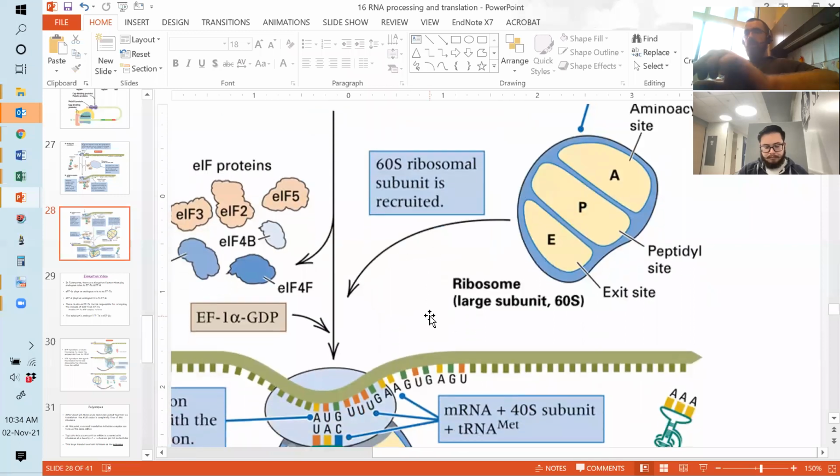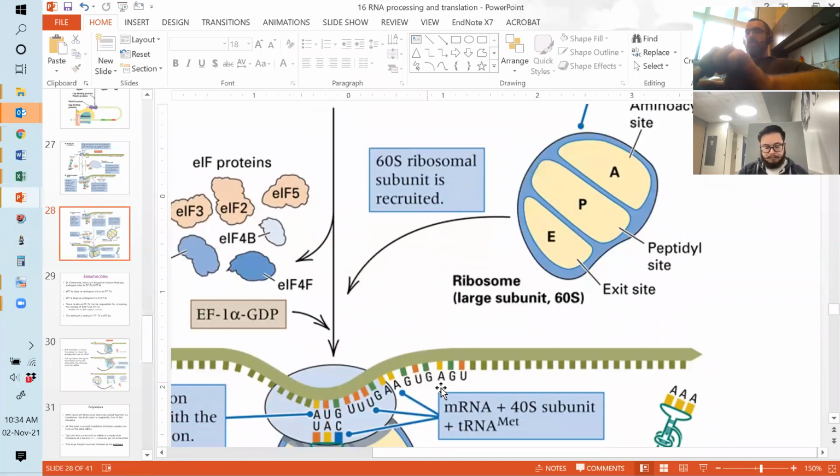Because if that frame is shifted so that now this UGA is in frame, this constitutes a word, then when the ribosome gets to that point, it will stop translation. It will be terminated by the release factor. Right. So frame shift mutations are very, very bad, and they will almost always result in a non-functional protein, a complete loss of function.